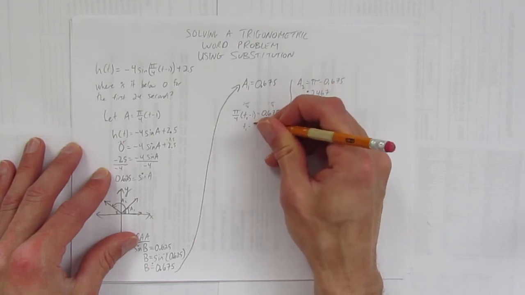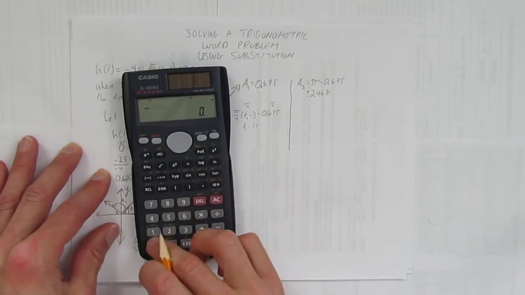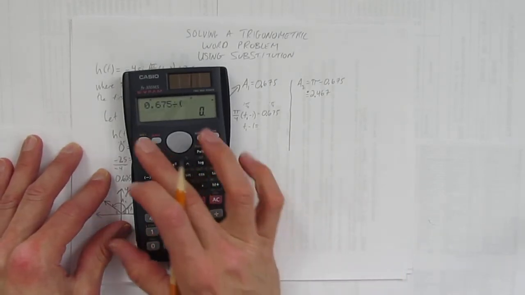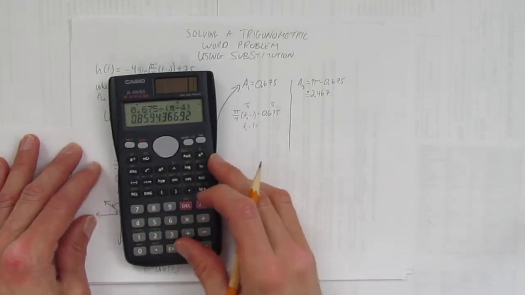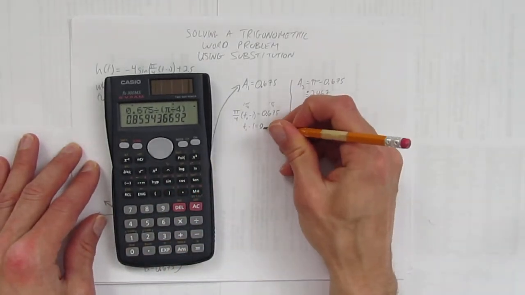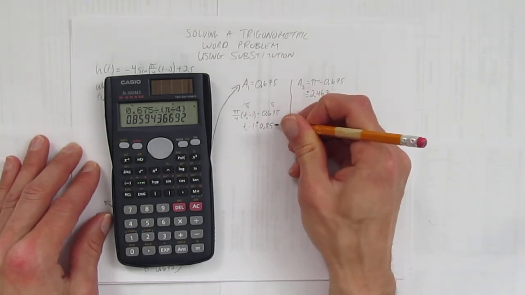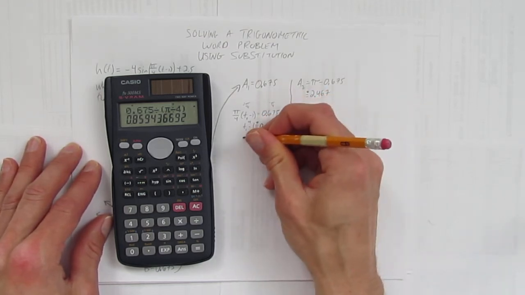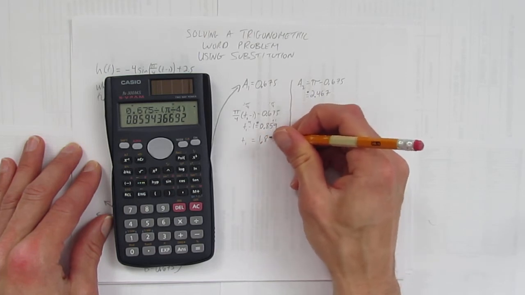And I'll get t1 minus 1 equals 0.675 divided by brackets pi over 4. And I get 0.859, rounding to 3 decimals. And now add 1 to both sides, and I get t1 is 1.859.